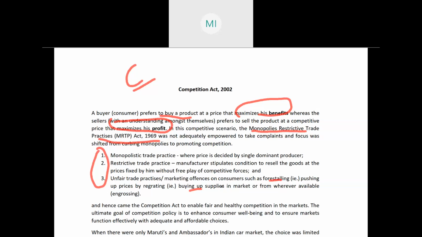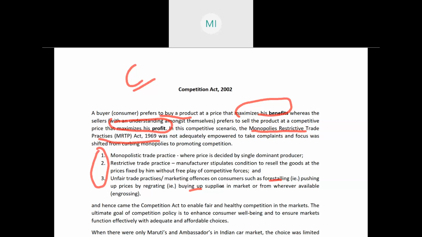Now the rates are like 50 rupees for the same mask. How come this kind of thing has risen? Whether people have created artificial scarcity in the market, or what is the scene which has happened? Those kinds of practices can be unfair trade practice, or unfair trade practices are also called market offenses.